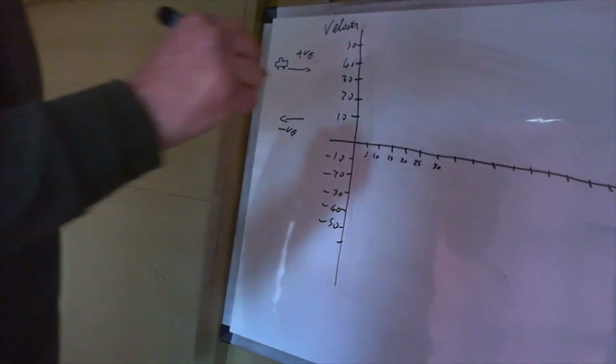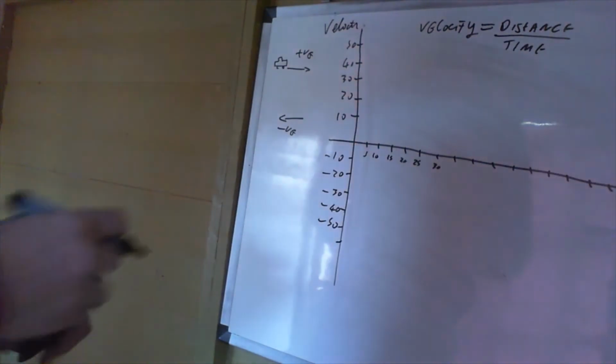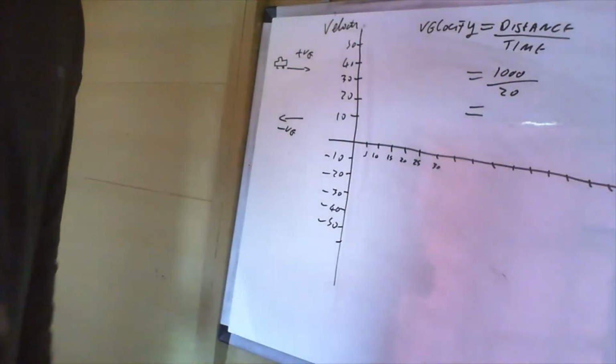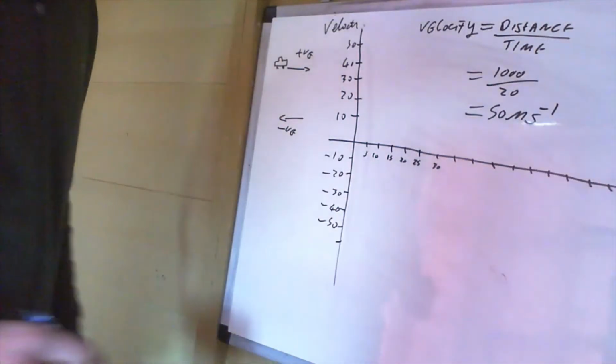And the velocity is equal to the distance travelled divided by the time it took you to get there. So if you travelled 1,000 meters in 20 seconds, you'd be travelling at 50 meters in 1 second.